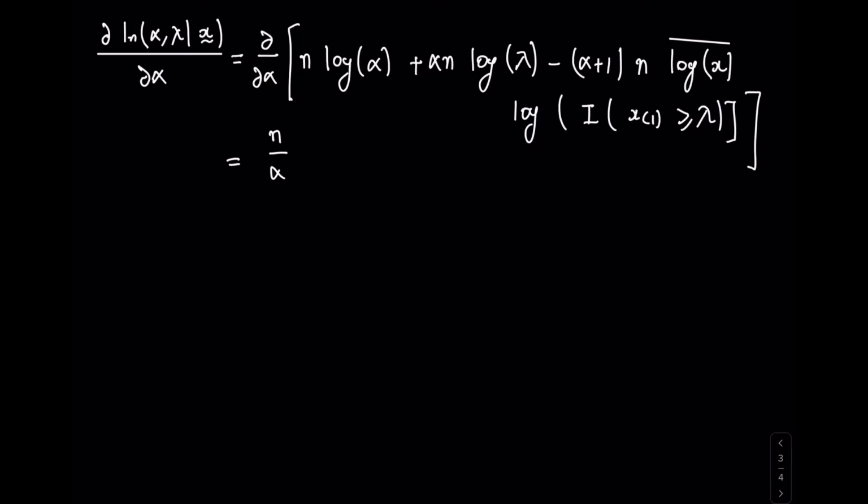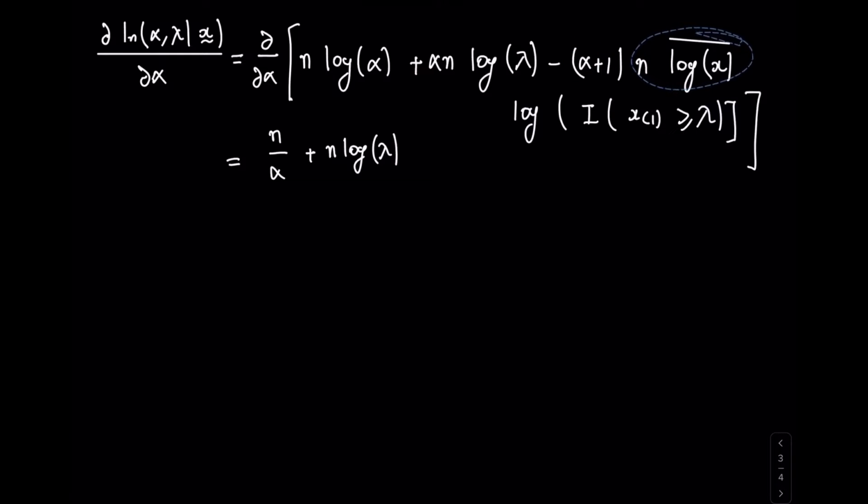Next part here, we have alpha multiplied by a constant with respect to alpha. So when differentiated, we just end up with n log lambda, the constant. And then here we again have something similar where we've got alpha times a constant.